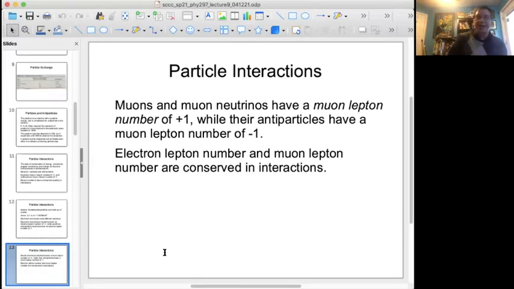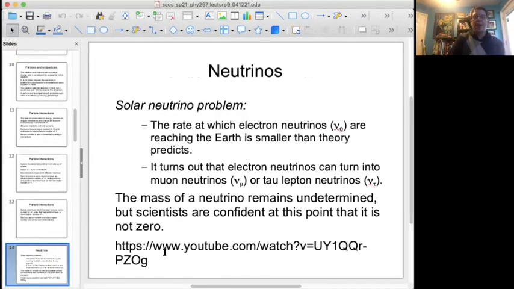And the antiparticles have a muon-lepton number of -1. These are also conserved in interactions. One of the current questions in science is that electron neutrinos are reaching the Earth from the sun at a smaller rate than theory predicts.